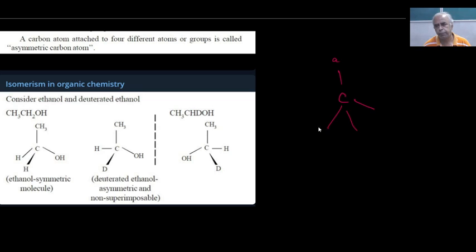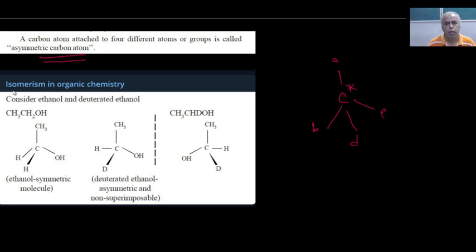It may be A, B, D, E. All are different. So such a carbon atom can be represented by an asterisk mark. So when I put an asterisk mark, it indicates this is the asymmetric carbon atom. Do you understand? Such asymmetric carbon atoms have the tendency to be optically active. They have the optical activity behavior.